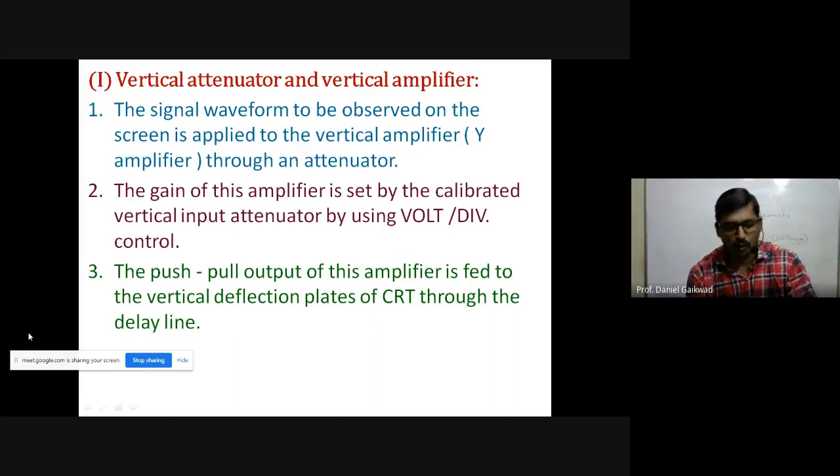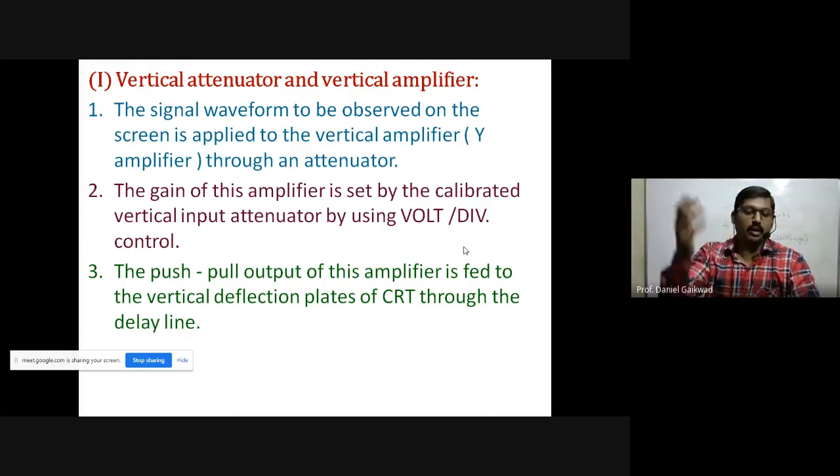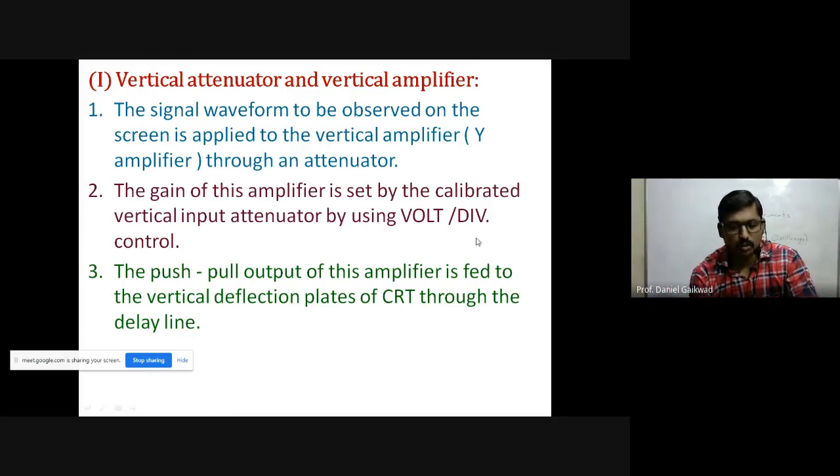With the help of volt per division, we can set that particular waveform amplitude, and accordingly we are able to observe the waveform on the screen. Otherwise, if we have a very large gain, the signal will get cut off or go out of the scale. For that purpose, we have the volt per division knob on the front panel of the CRO.